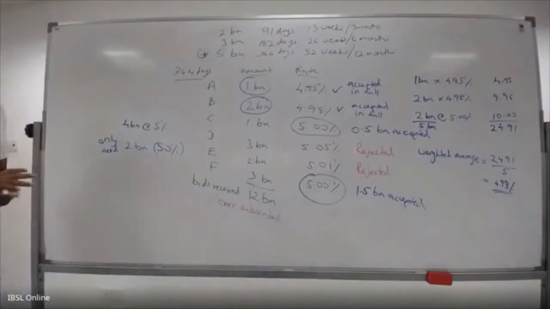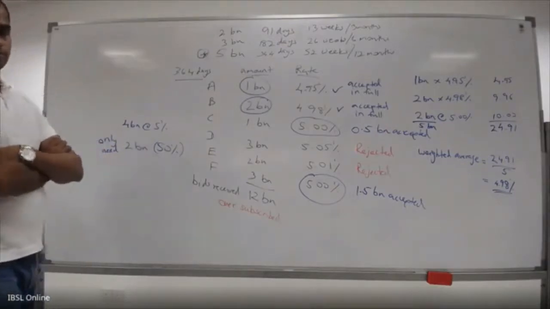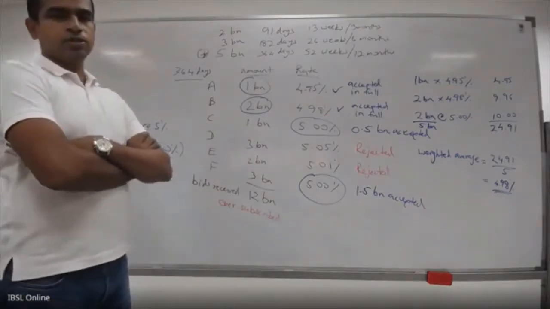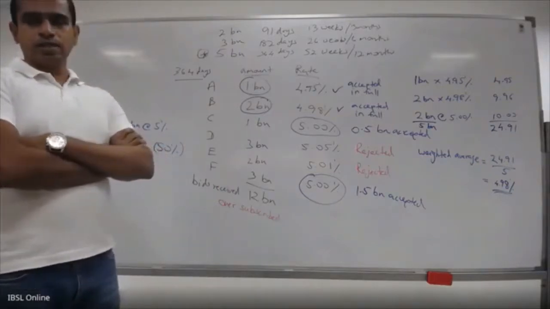The 1 year weighted average at this auction will be 4.98%. The central bank will say they accepted a total of 5 billion out of 12 billion bids at a weighted average of 4.98%. So this is how a treasury bill auction will be conducted. Only thing, it will not be a manual thing, it is an electronic thing.